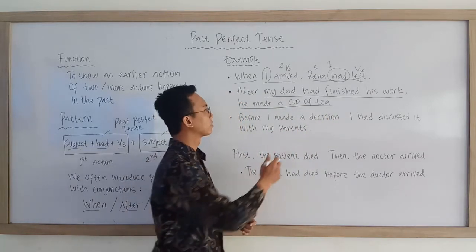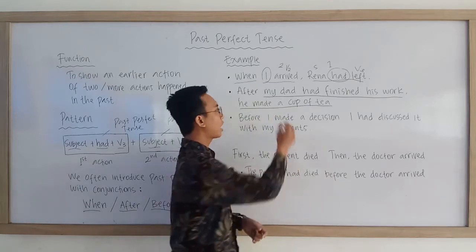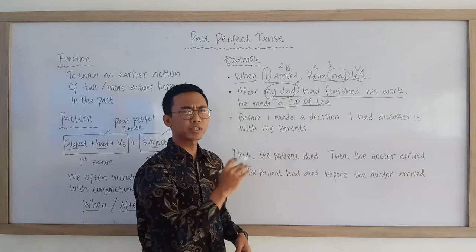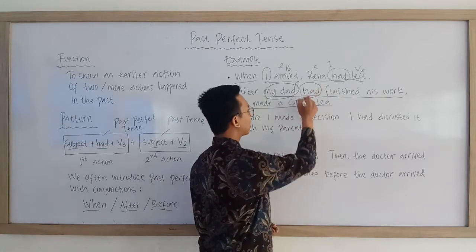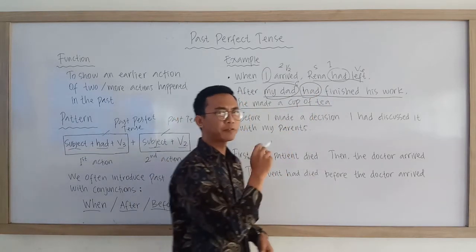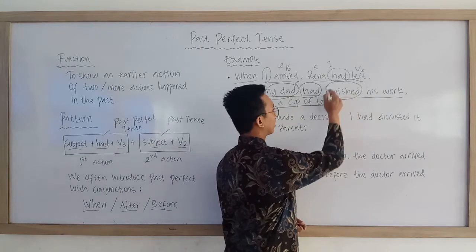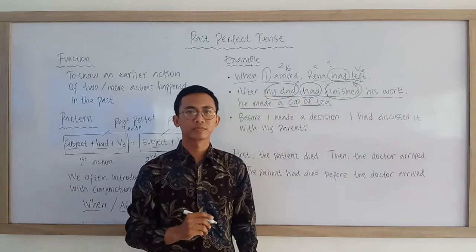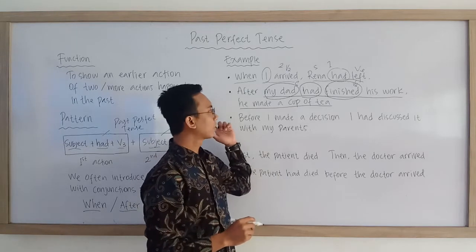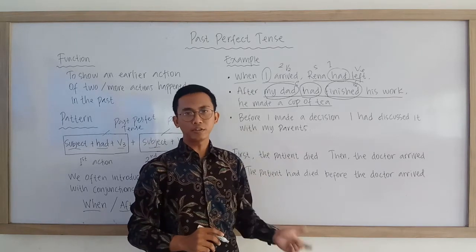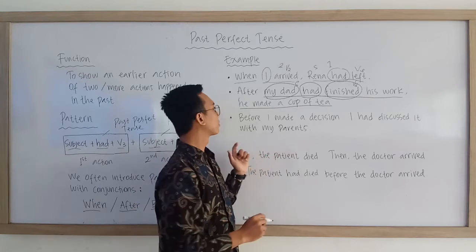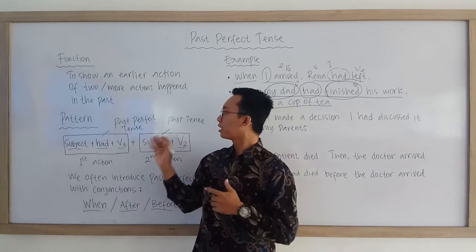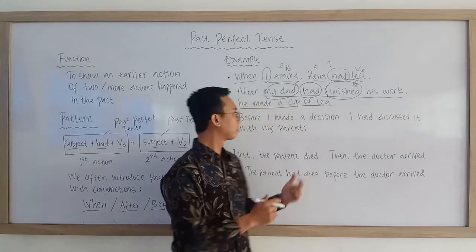Let's analyze. In the past perfect, we have the subject. My dad is the subject. And then we have had. And then we have verb 3. Finished is verb 3. And the other action that follows is in the past tense form.